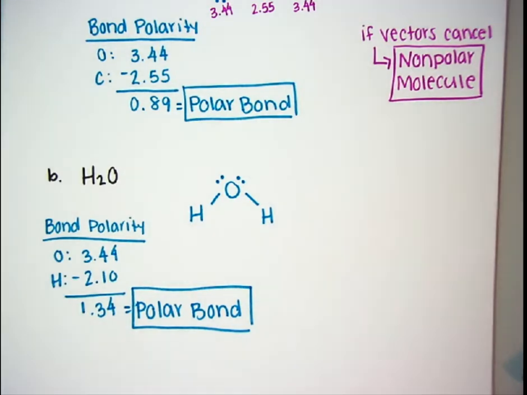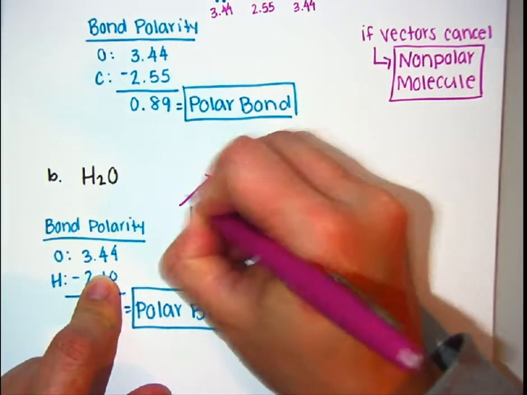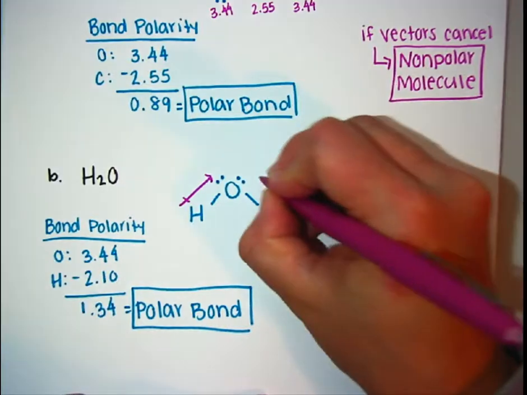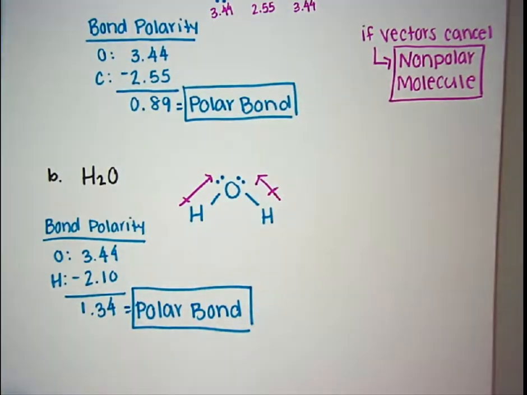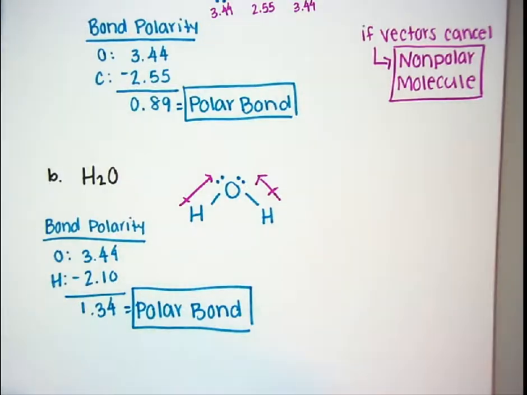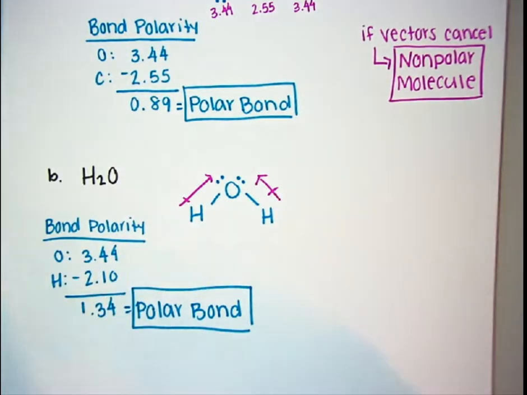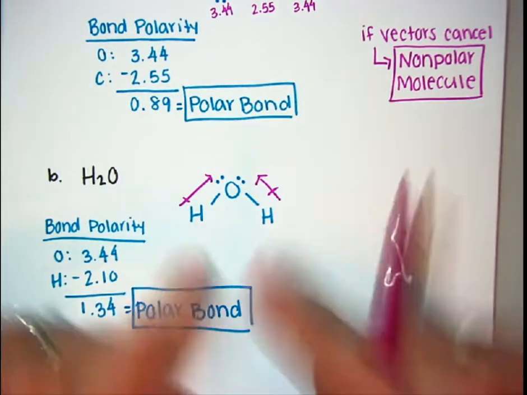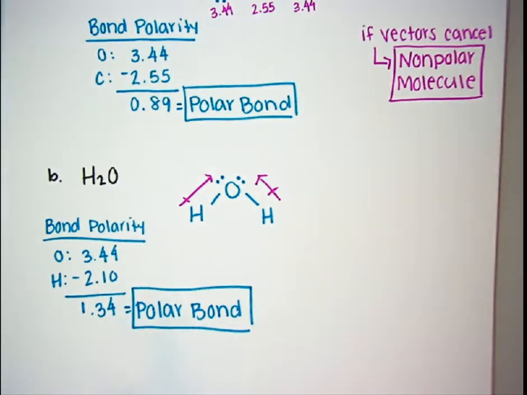So now let's draw in our vectors. Electronegativity is the tendency to attract electrons. Oxygen is more electronegative. So the electrons are going to get pulled closer to oxygen. Pretend I drew my arrows better. They're going to be equal in magnitude. But now, what would the overall vector look like? If you were to add these two vectors together, are they going to cancel?